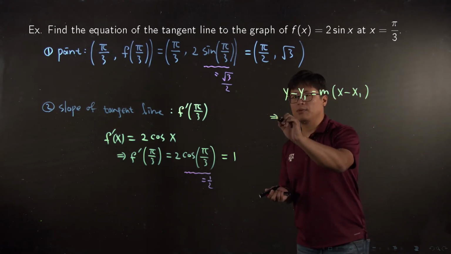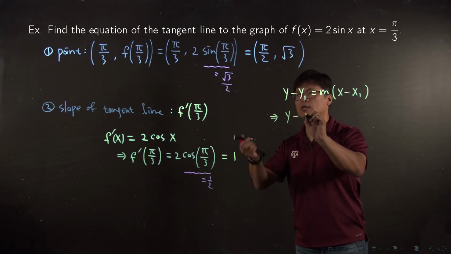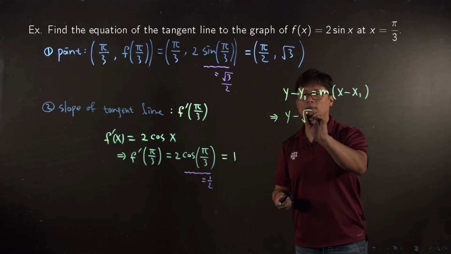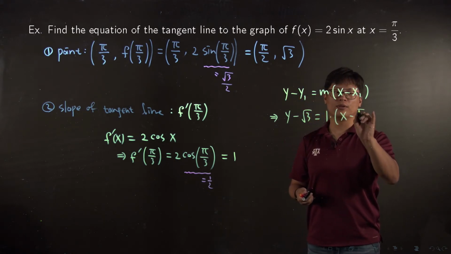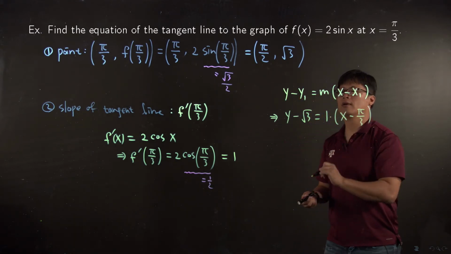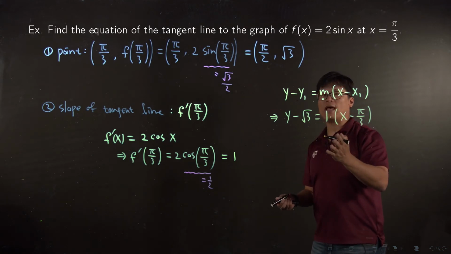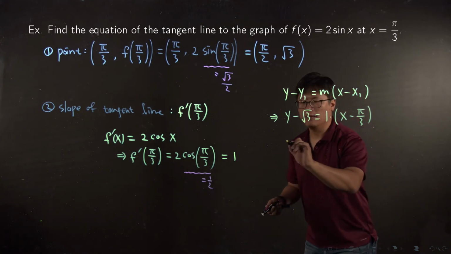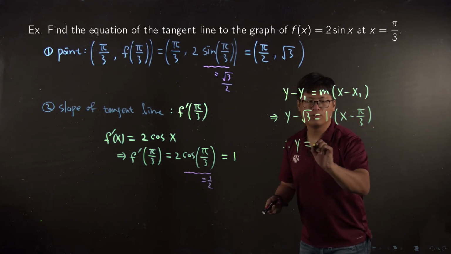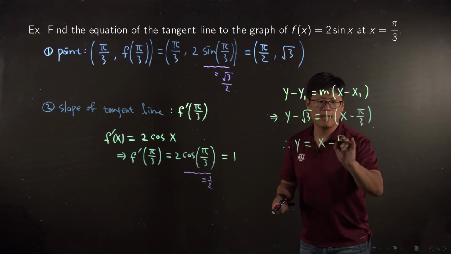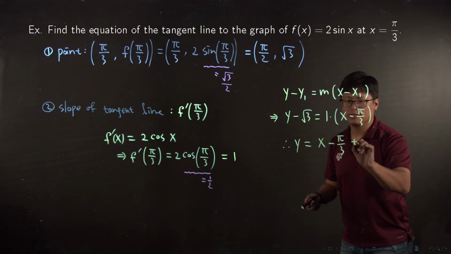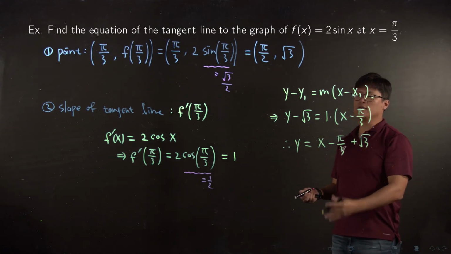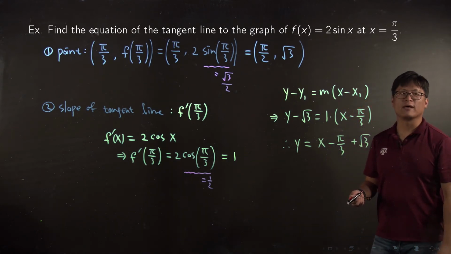Then plug in all the information: y minus square root of 3, my slope is 1, and my x component is pi over 3. Let me write this in slope-intercept form. Then y is equal to x minus pi over 3 plus square root of 3. That's it. This is the equation of the tangent line.